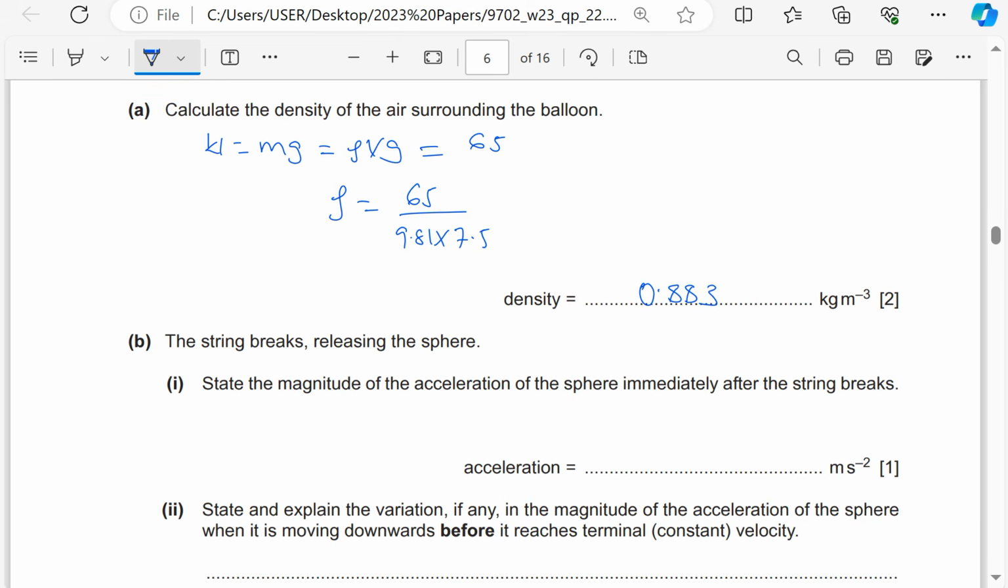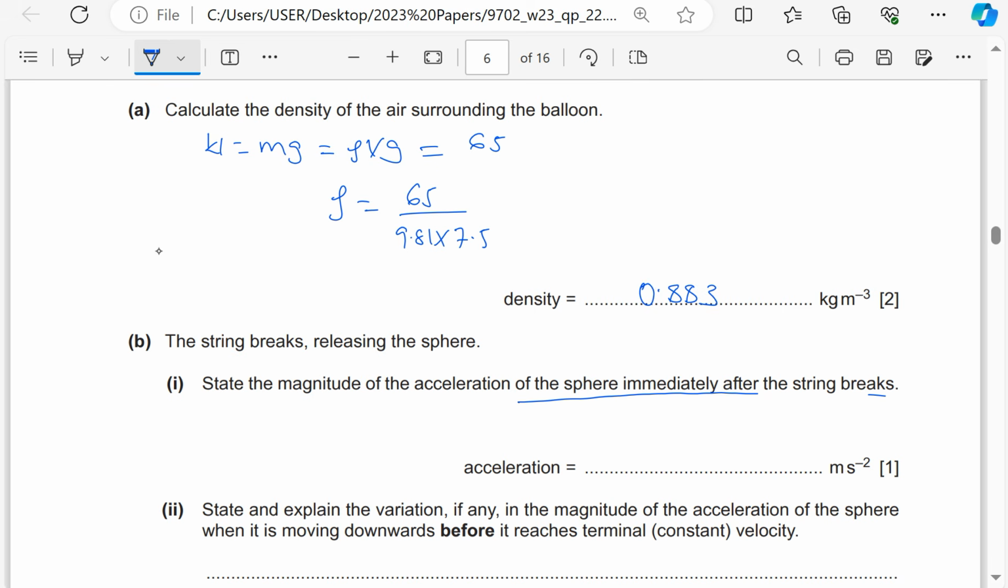The string breaks, releasing the sphere. That means the initial acceleration is the acceleration due to gravity. State the magnitude of the acceleration of the sphere immediately after the string breaks. So immediately after the string breaks, of course, air resistance starts coming in. That means immediately after the string breaks, the acceleration is very close to 9.81.